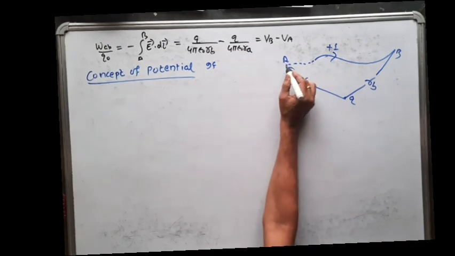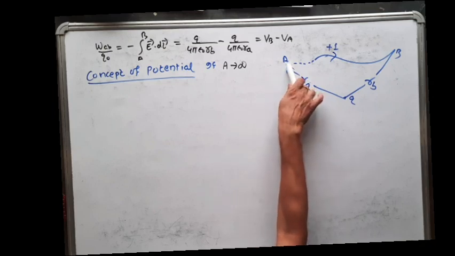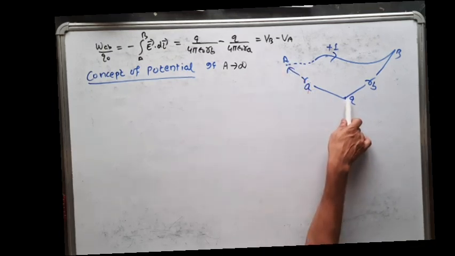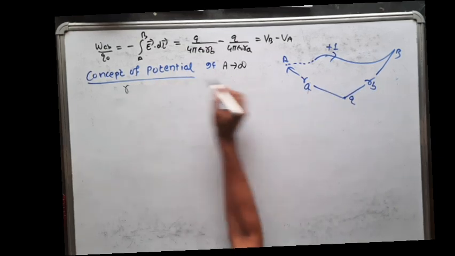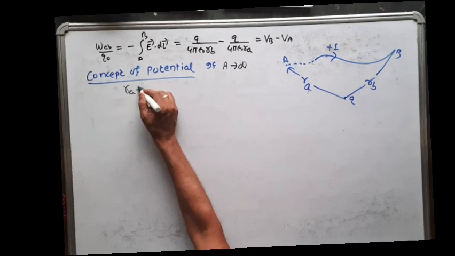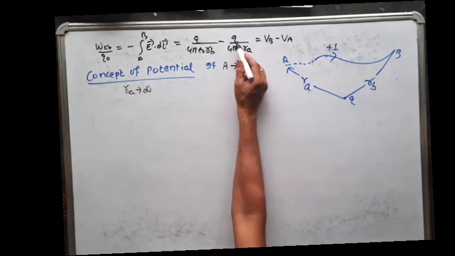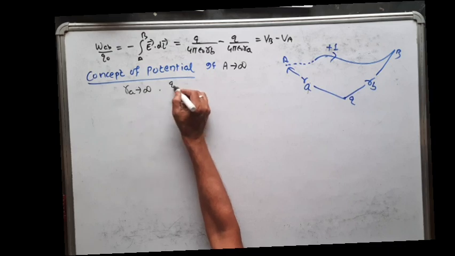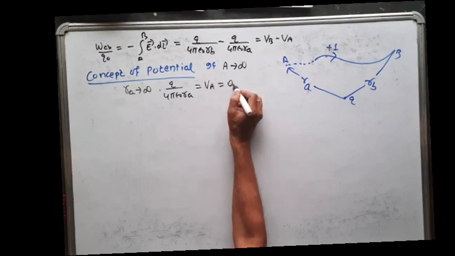Now, if this point A tends to infinity, so A is far away from this Q charge, then RA tends to infinity. If RA tends to infinity, then Q by 4 pi epsilon naught RA, which is equal to VA, is equal to 0.